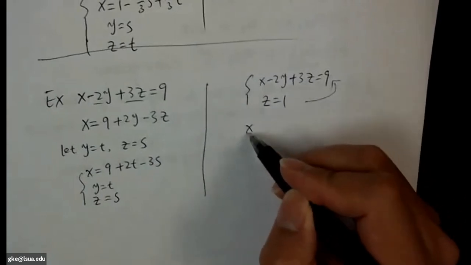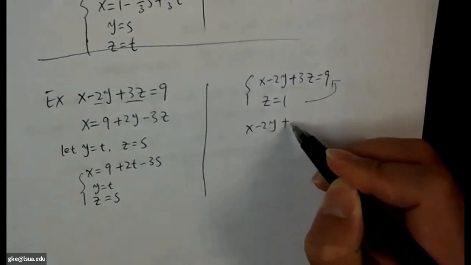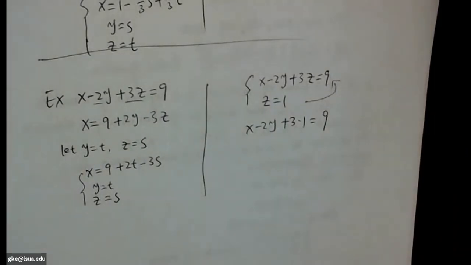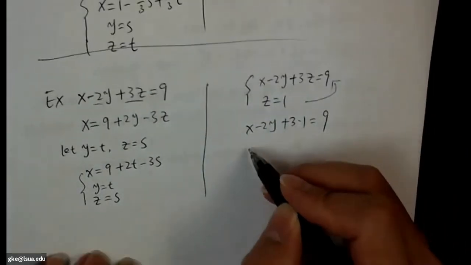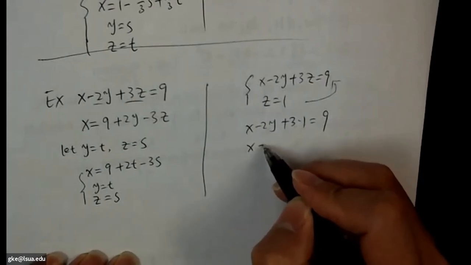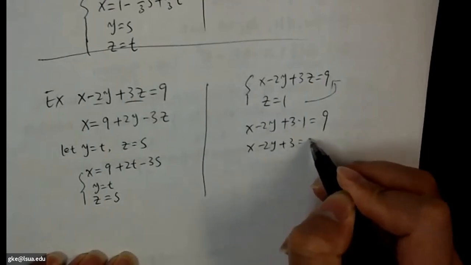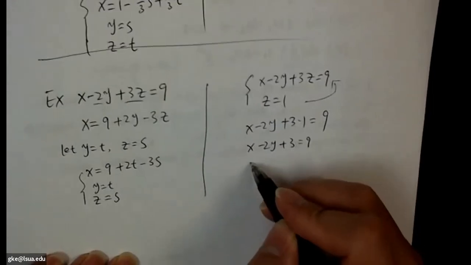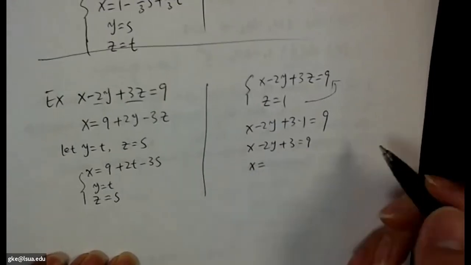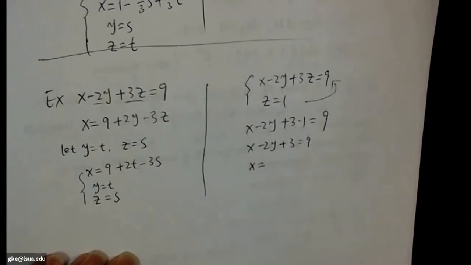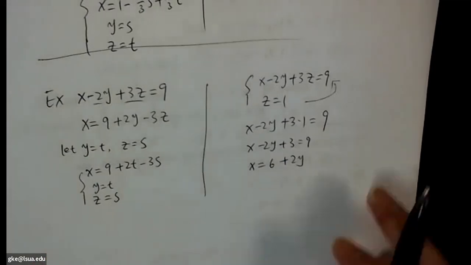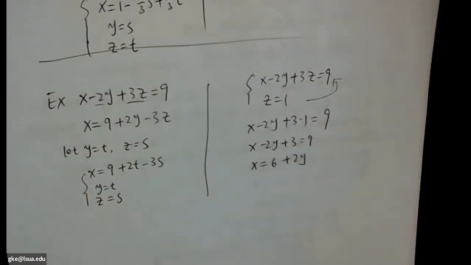Plug in, and then we're going to get x minus 2y plus 3 equals 9. And we keep one variable here and move everything else to the right-hand side. We're going to get 6 plus 2y, right? So 3 becomes -3, 9 minus 3 is 6.